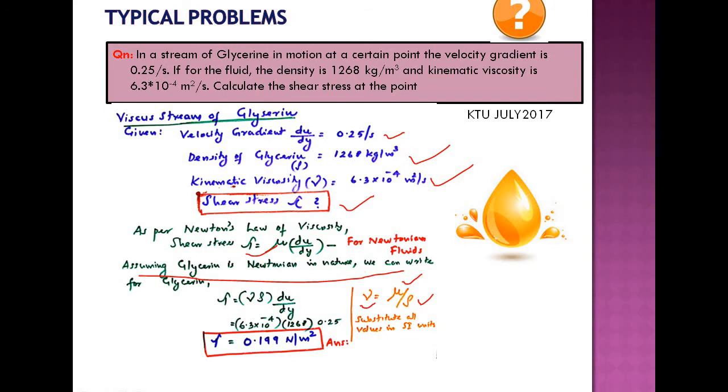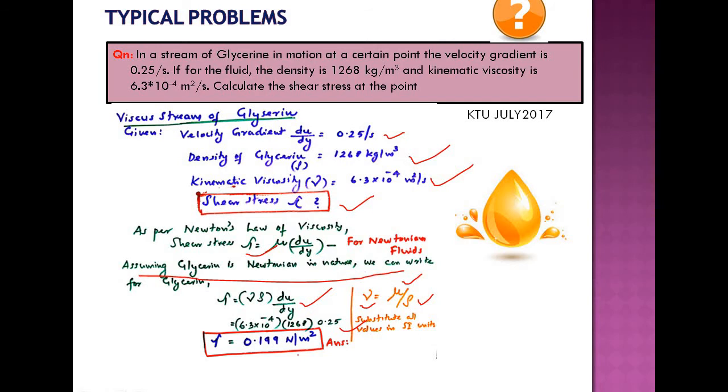So kinematic viscosity is given and density is given, so you can find out the dynamic viscosity mu as nu into rho. So instead of mu you can substitute nu rho into du by dy. So nu is 6.3 into 10 raised to minus 4 into 1268 into 0.25. The answer is 0.199 Pascal or Newton per meter square.